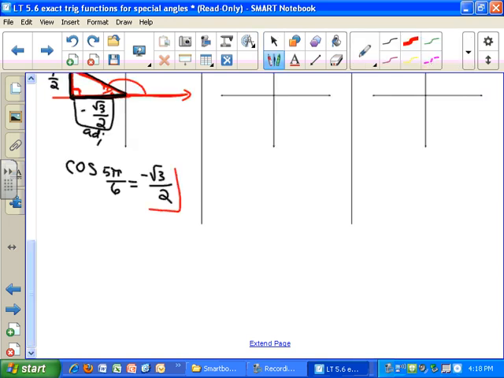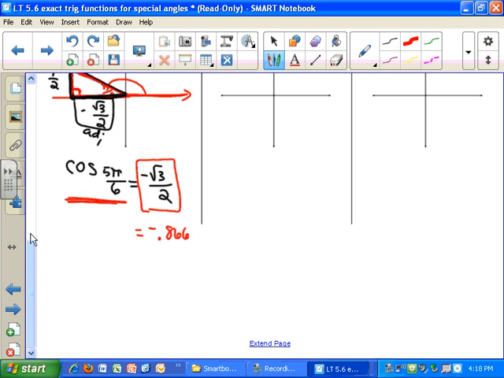I want you to do 2 things right now. I want you to check a decimal answer for negative square root of 3 over 2. And then type in the cosine of 5 pi over 6 and make sure that those 2 decimals really do equal the same thing. So negative square root of 3 over 2 should give you negative 0.866.